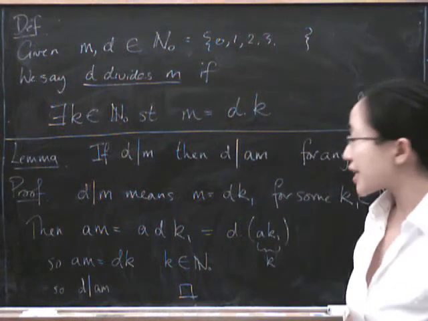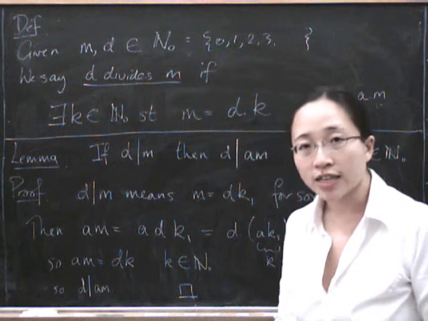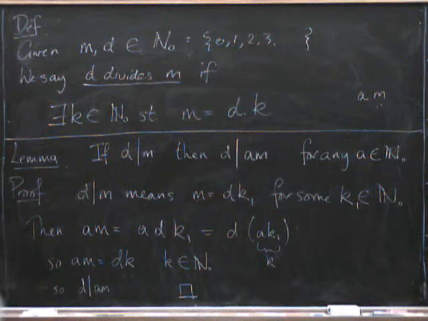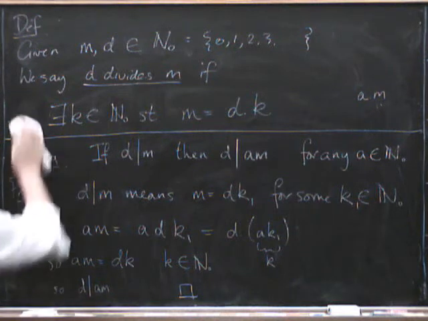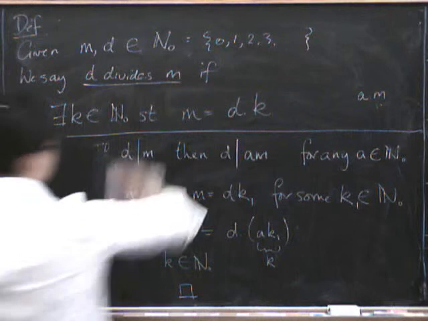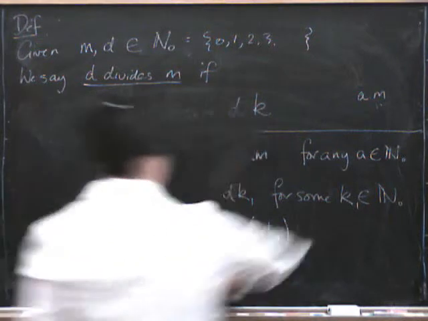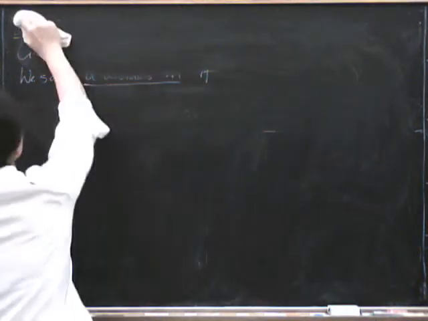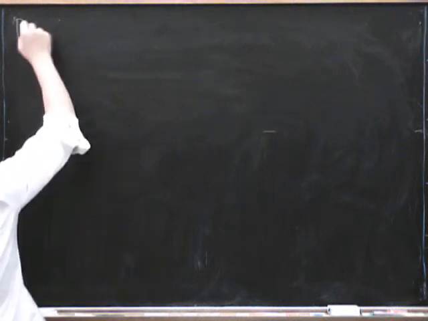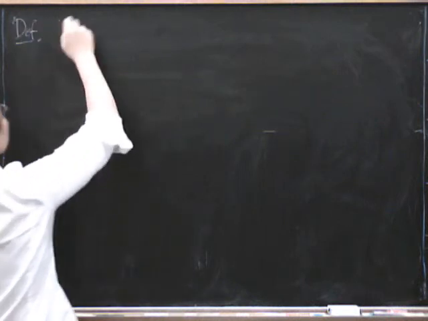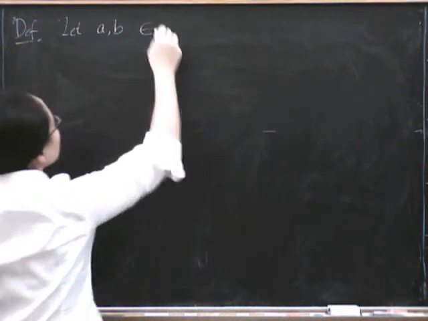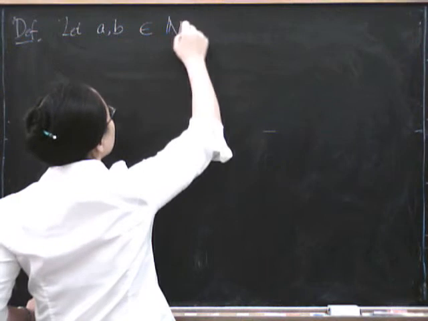And one thing we can now do is we can very precisely define the notion of highest common factor or greatest common divisor. So let's make a definition. We're going to start with A and B, which are both in the natural numbers.